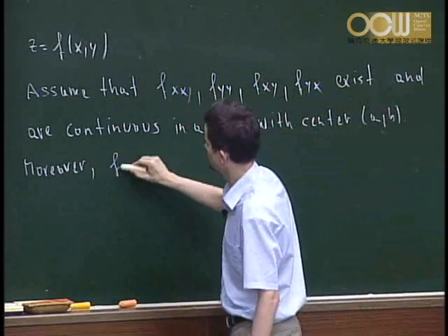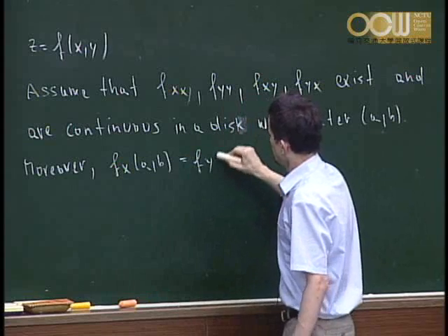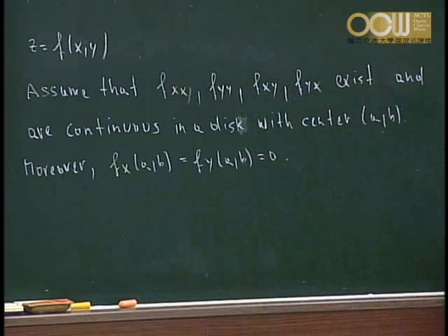So the partial derivatives should be equal to 0.